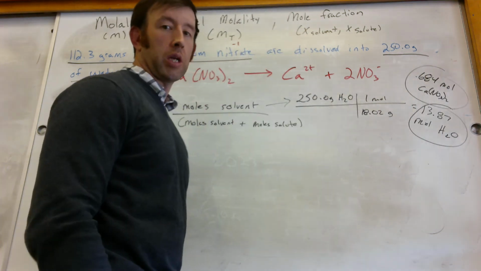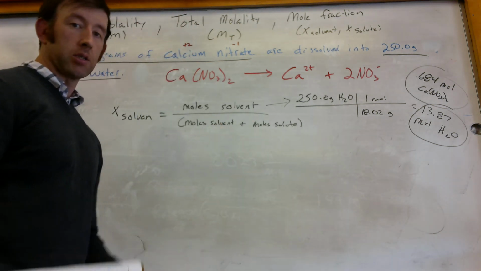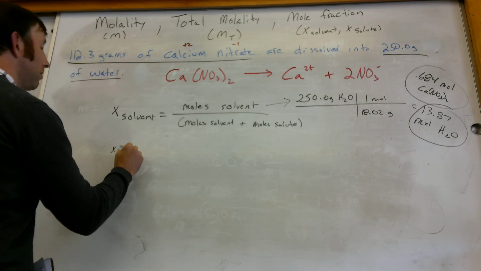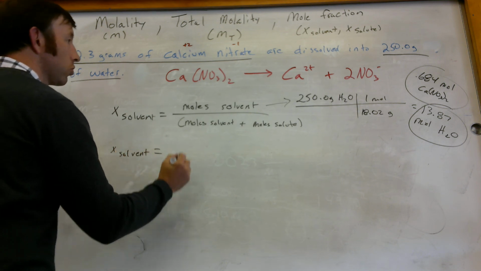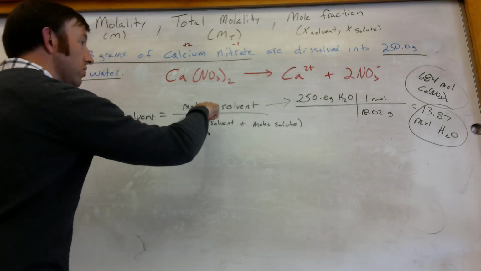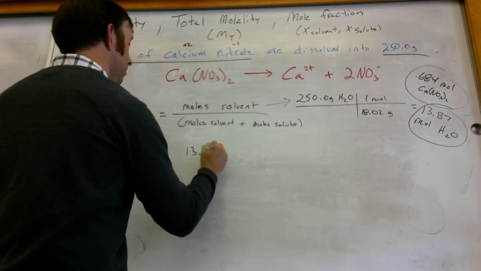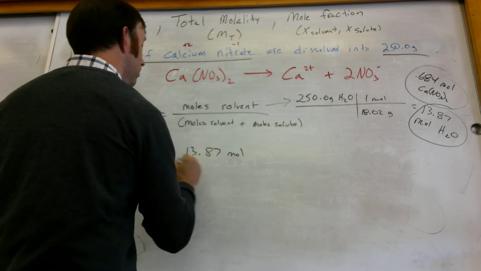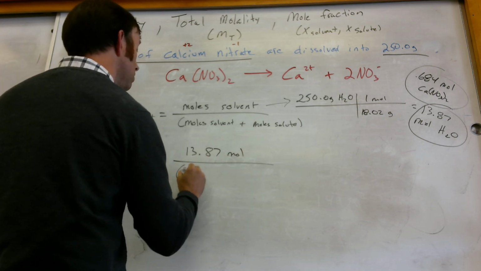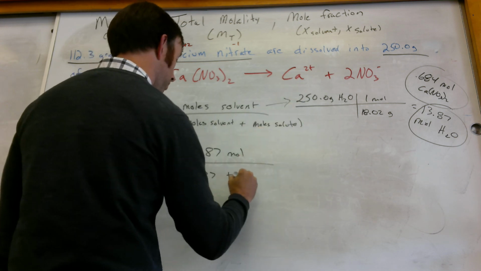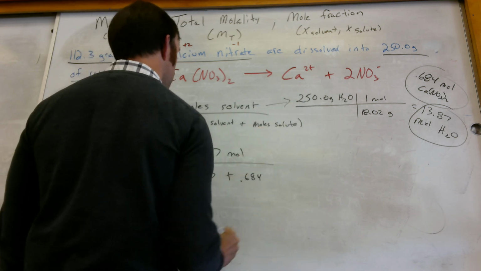Now I have the 2 numbers I need to figure out my mole fraction. So X solvent is going to be equal to my moles of solvent, which is 13.87, over 13.87 plus 0.684.